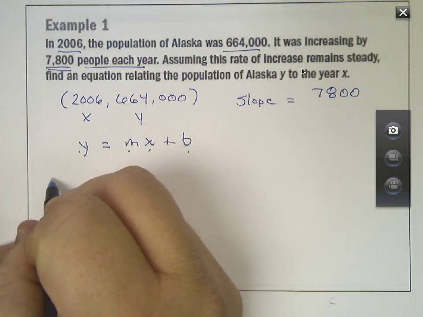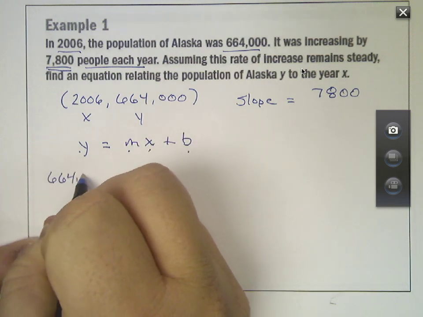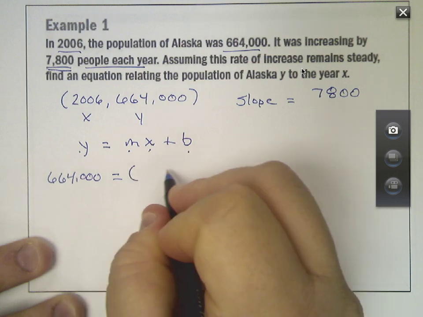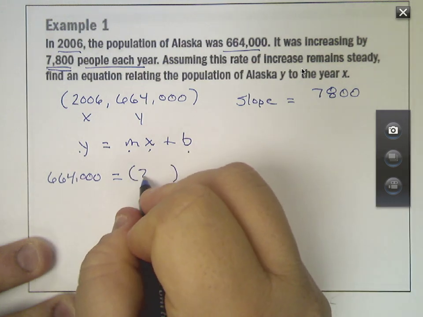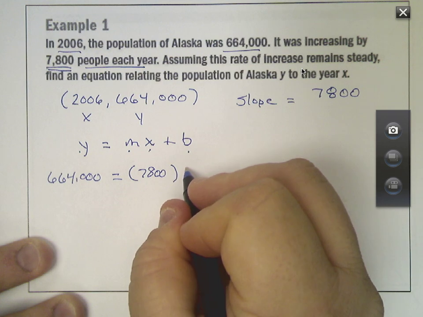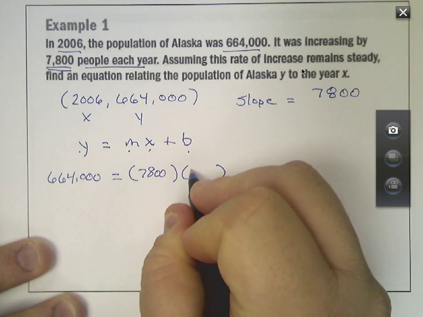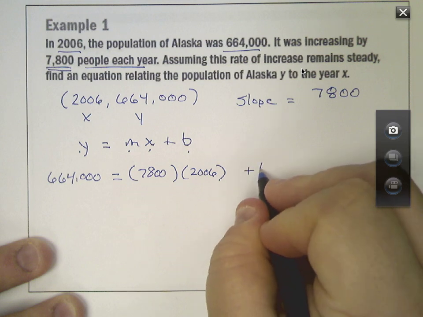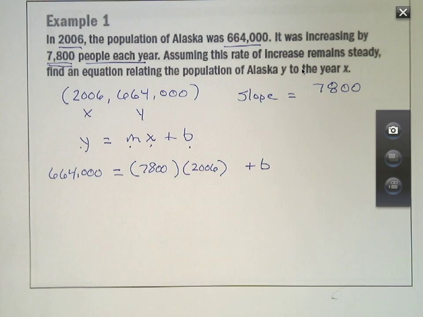So y is 664,000, which is equal to the slope, which is 7,800, times x, which is 2006, plus b.